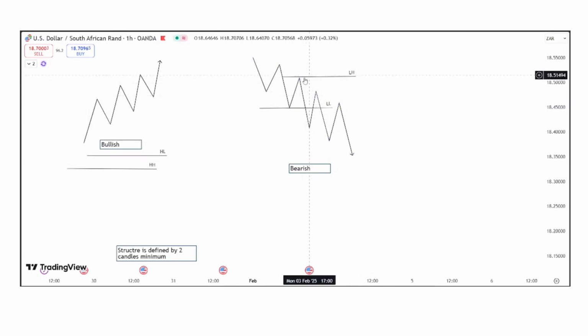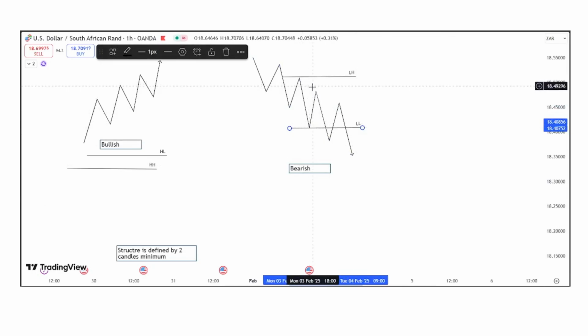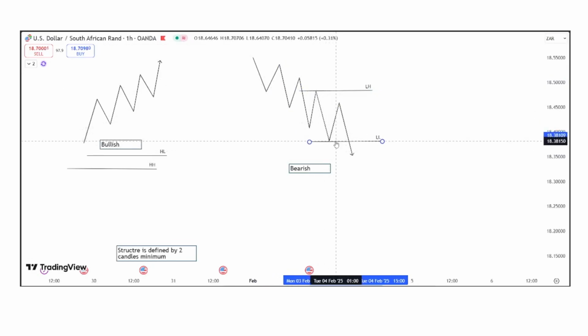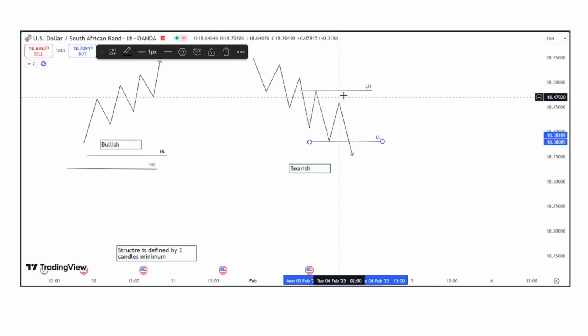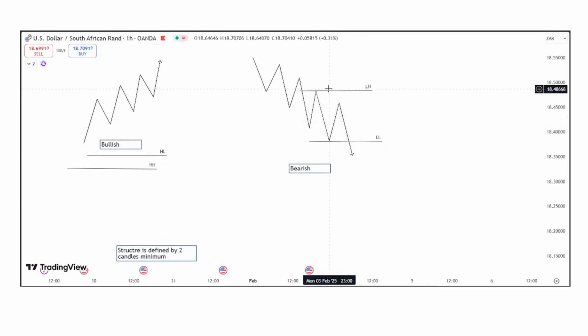Right. So we've got our lower high, then we had that break, and now we have our lower low. And then we have the break again. This becomes our lower high. Break, lower low. Price pushes up to retest, break, lower high.